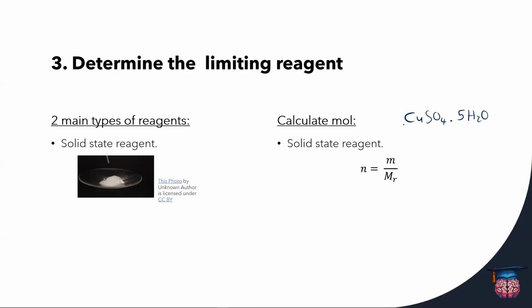Now, many students make the error of just calculating this molar mass. However, we need to add 5 times the molar mass of water to this, because these water molecules surround the copper sulfate and they add to the mass.